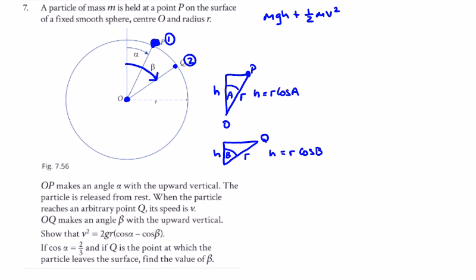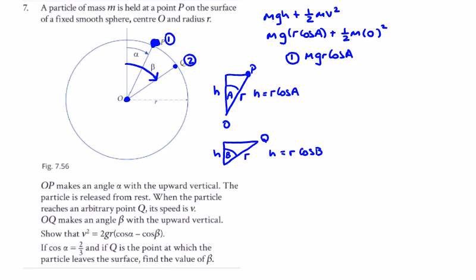So m by g by height, which is R cos alpha, plus a half m by its speed, which is released from rest, which is 0. So we just have mgR cos alpha for the energy here in position 1.